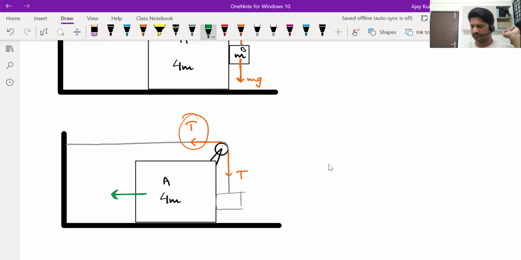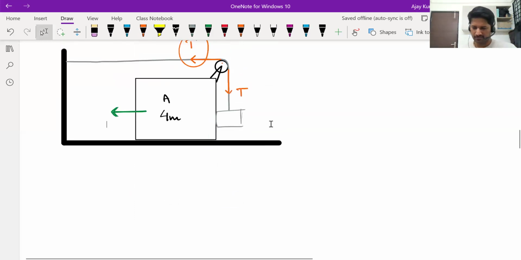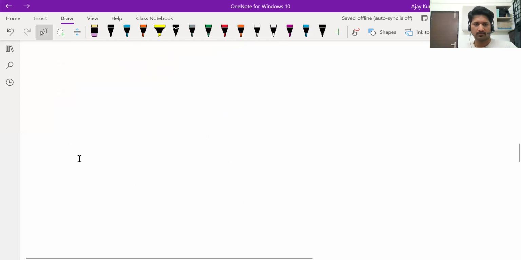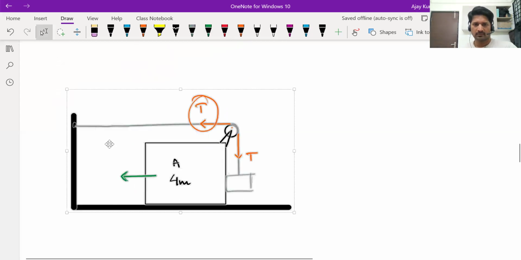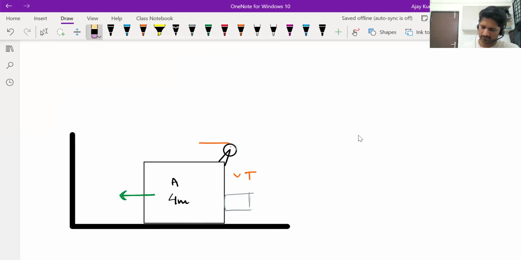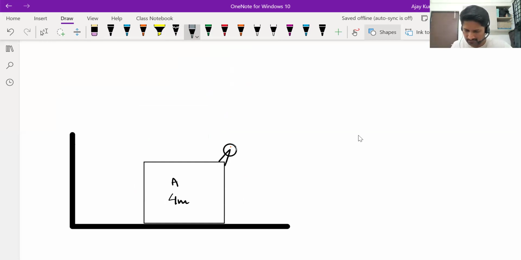You can visualize it like this. Let me help you understand. Just a moment. Suppose you were simply holding the small block on the side of the bigger block, just beside the bigger block like this.